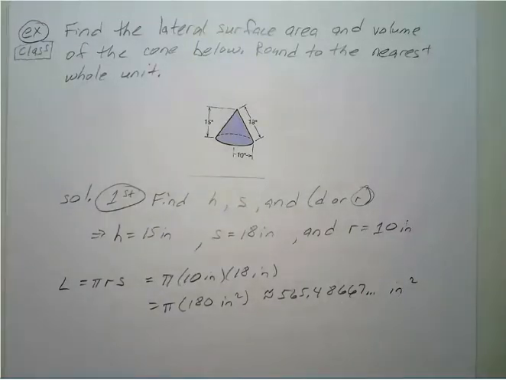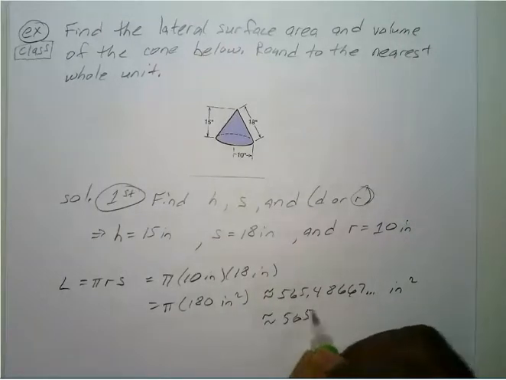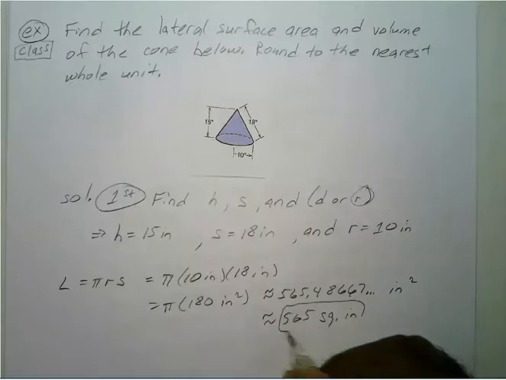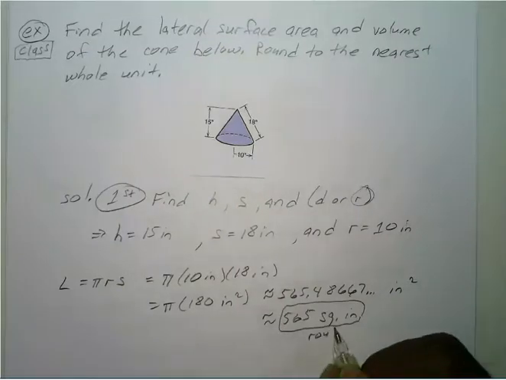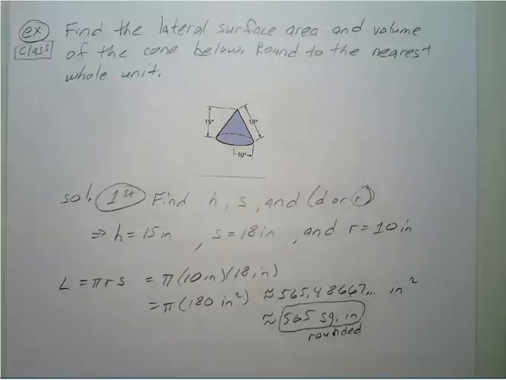But we want it rounded to the nearest whole unit, so that's approximately 565 square inches, which is our rounded lateral surface area.